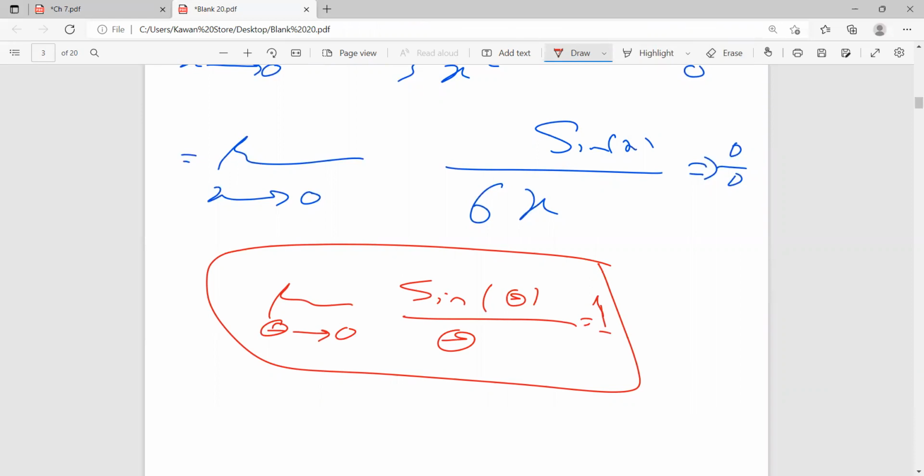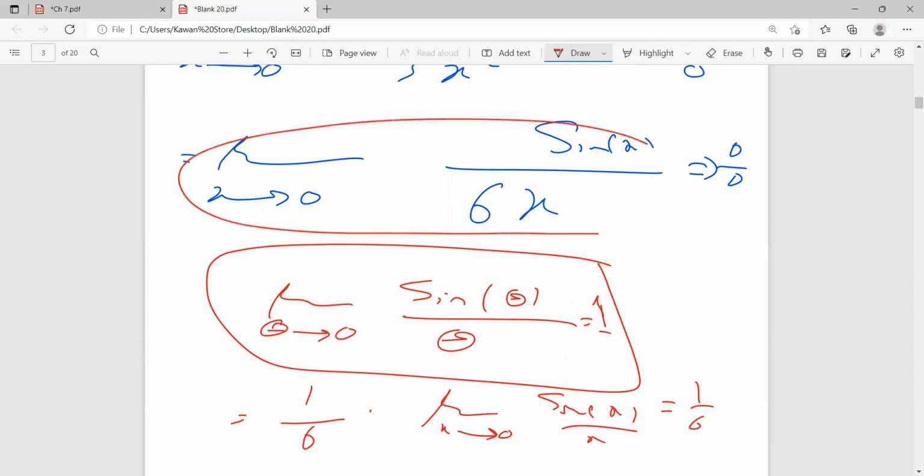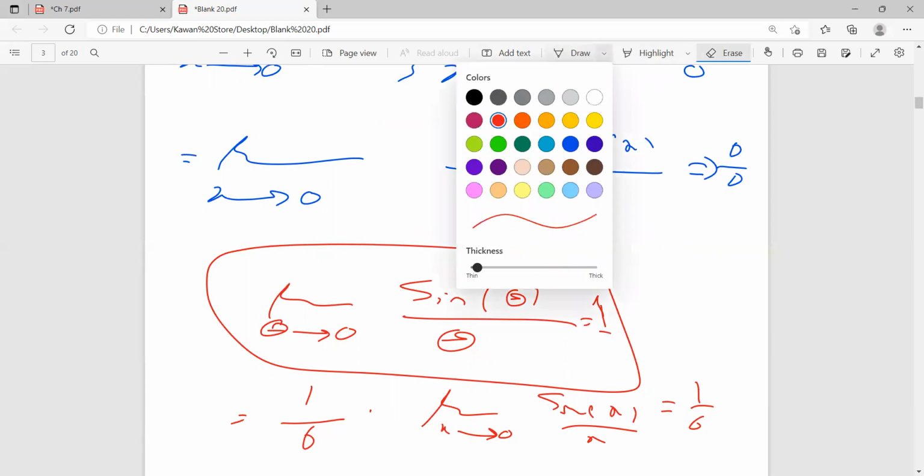So I can say it is equal to 1 over 6 multiplied by sine x over x when x approaches 0, and I'll get 1 over 6, right? This is the first method. Or here, for the final exam, you can say here again, I'm going to use L'Hopital, right?